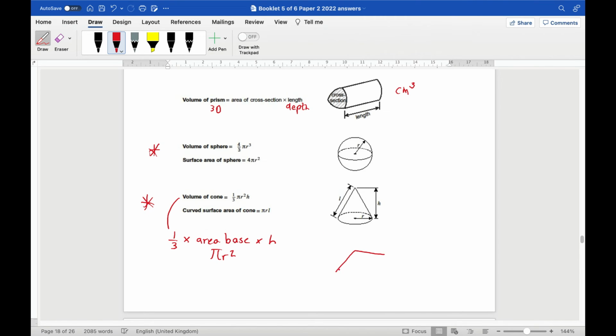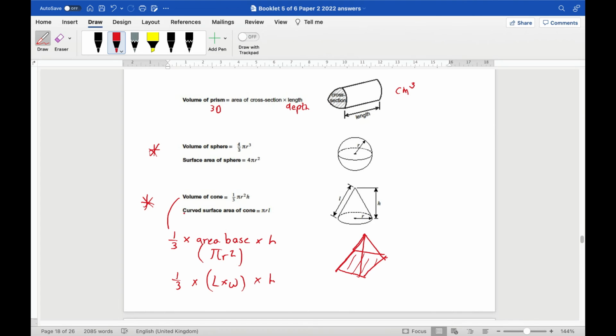However, it's worth noting that if this was something like a pyramid, then the base is a square. So it would be 1/3 times the square, or whatever you want, times the height. So if it's a cone or a pyramid, it depends what the base is as to what goes in there. Be aware of it, okay?